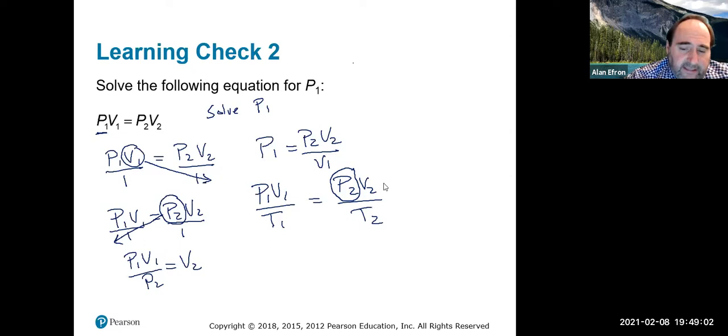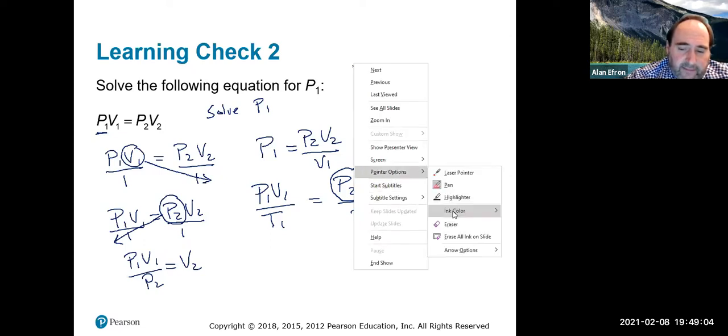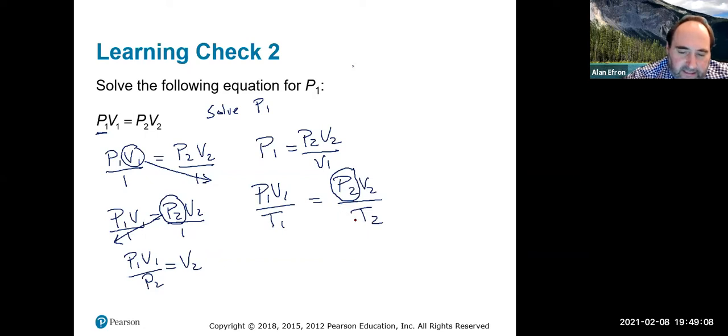And we could take that same approach that it's basically opposites. So to move our T2, it would end up going from the bottom to the top. As we go across the equal sign, the V2 would go from the top to the bottom. That would give us P1 times V1 times T2 divided by T1 V2 is equal to P2.